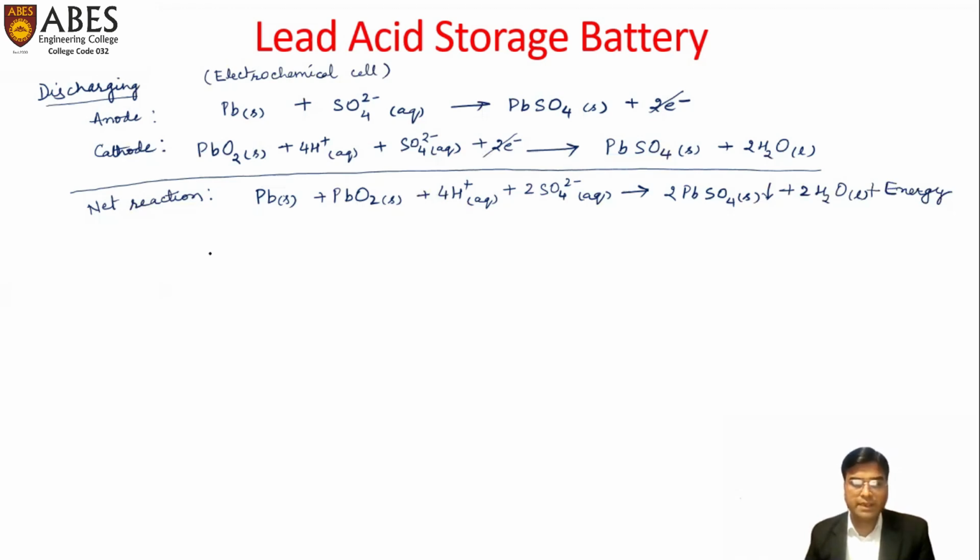We can observe that as the battery provides energy, it is getting discharged. And this leads to the gradual formation of lead sulfate, which forms an insoluble layer at the electrode. It also leads to a steady decrease in the concentration of H plus ions. So concentration of sulfuric acid is decreased.